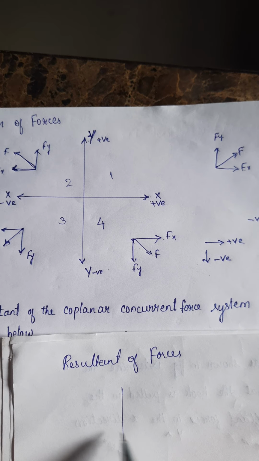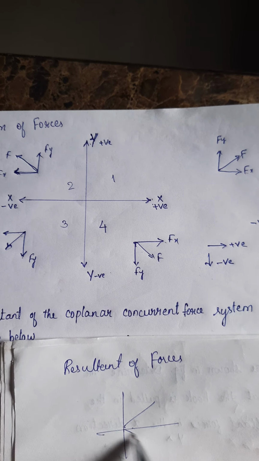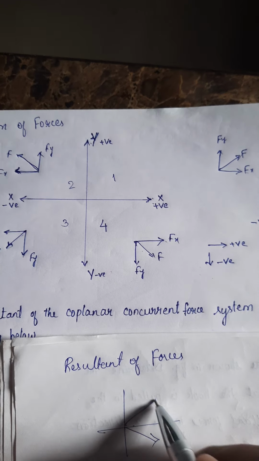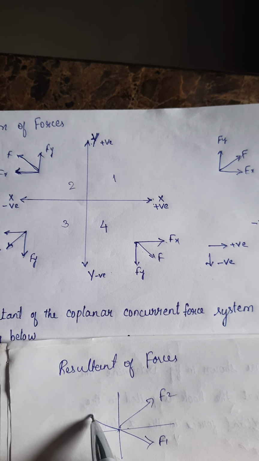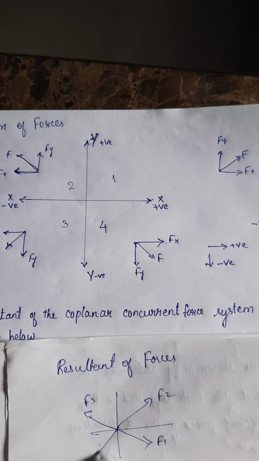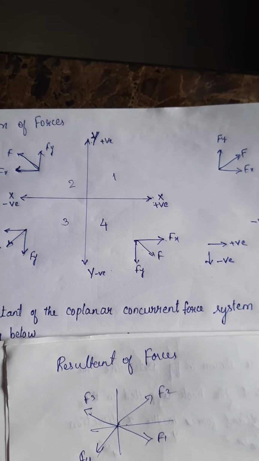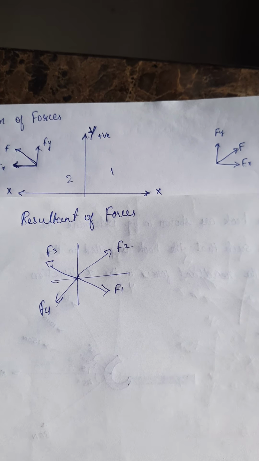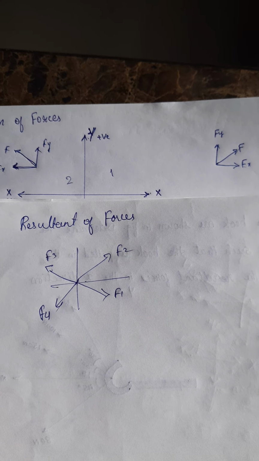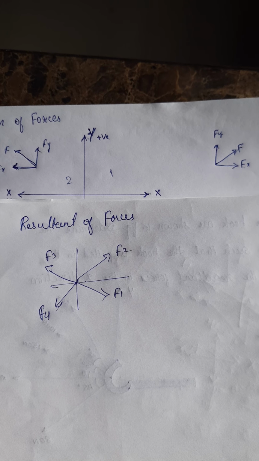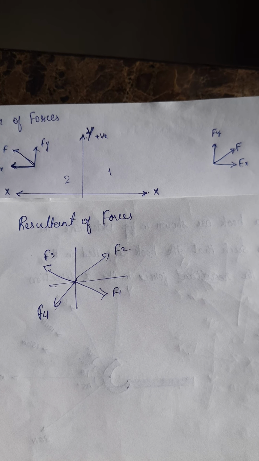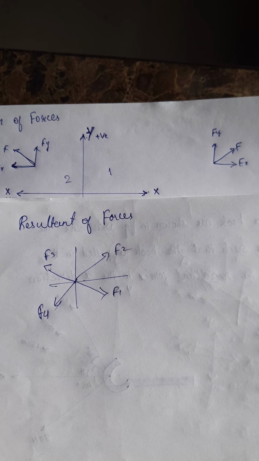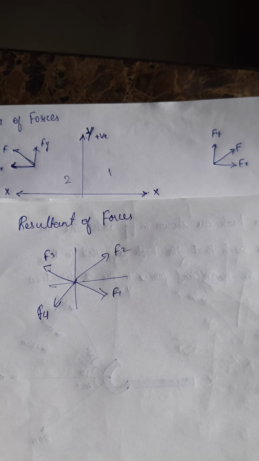You have a number of forces, like F1, F2, F3 and F4, and you have to get the resultant. Resultant is the sum of all the forces, the result of all the forces together, how they are acting on a particular body. That we call the resultant of the forces.